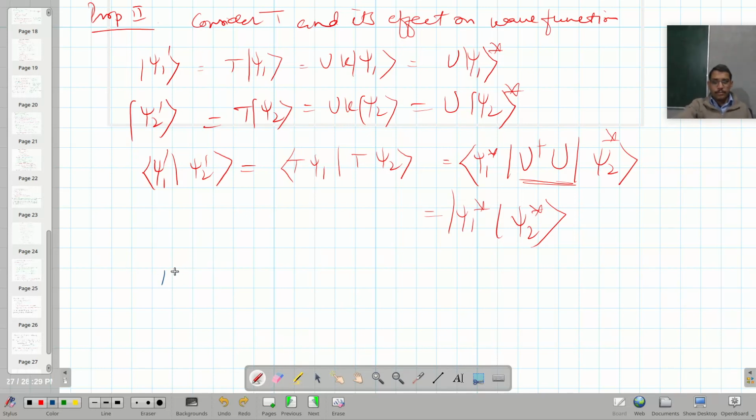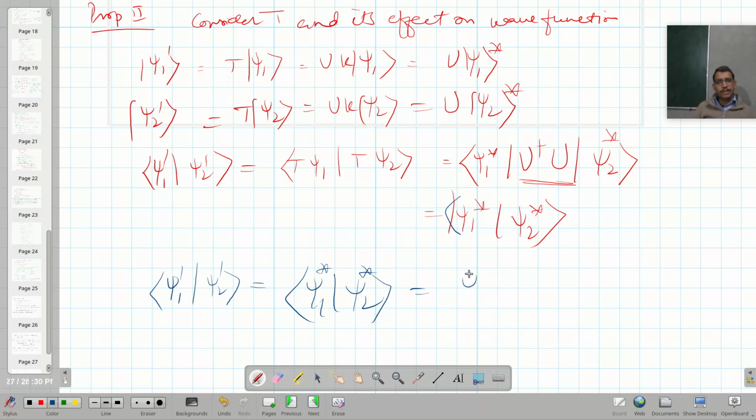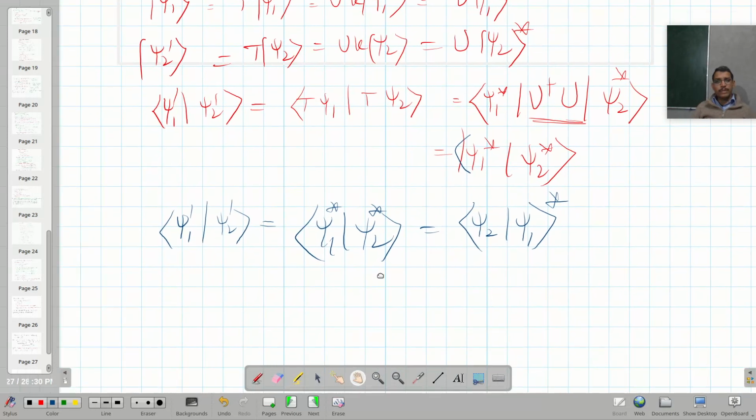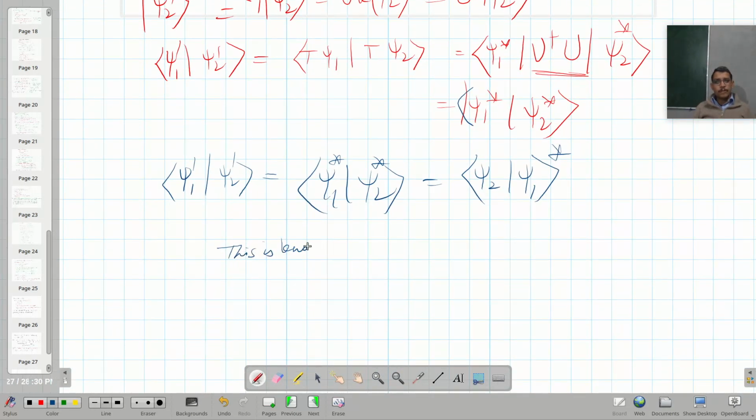If I summarize this, the scalar product of psi 1 prime and psi 2 prime is equal to psi 1 and psi 2 whole complex conjugate, which can be expressed as psi 2 and psi 1, and this is known as the anti-unitary property.